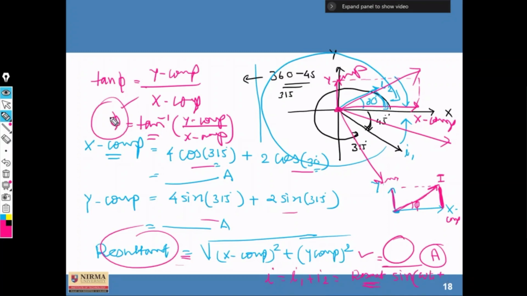If this phi is positive, then it will be a plus sign plus the angle phi which you need to write here. And if this angle is negative, then you have to write a minus sign here, and you can write the resultant of this current I. You can directly add these two equations, and you can find I1 and I2. You can directly subtract I1 and I2 as well.